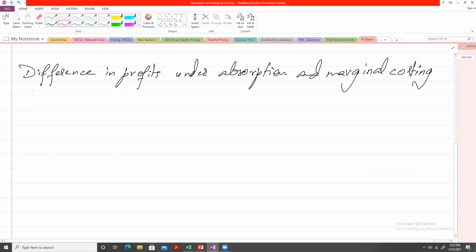Let's talk about the difference in profits under absorption and marginal costing.